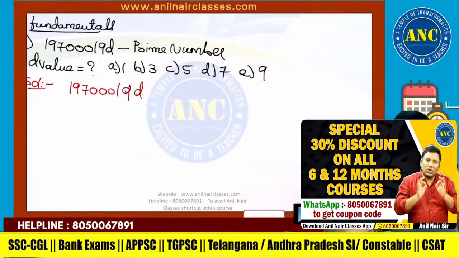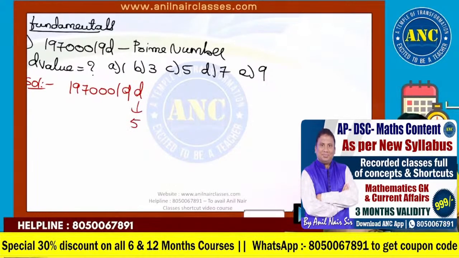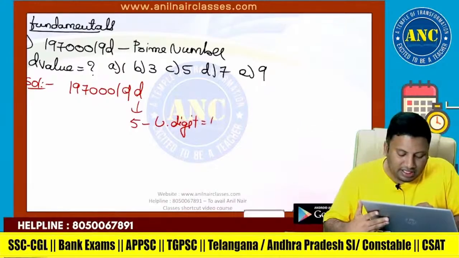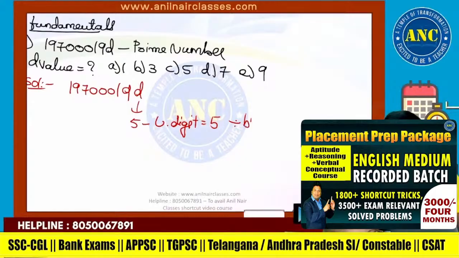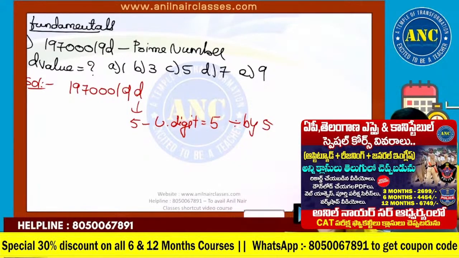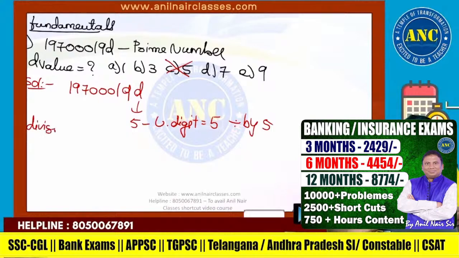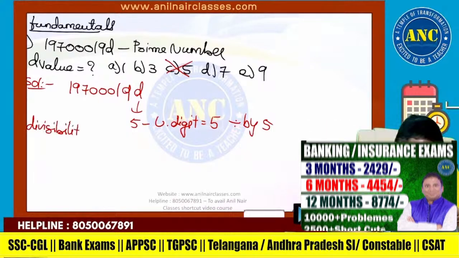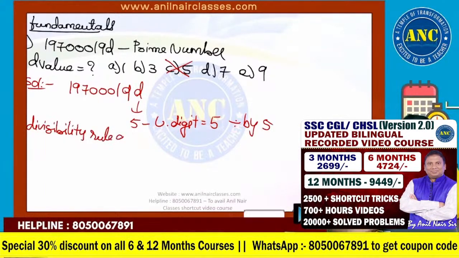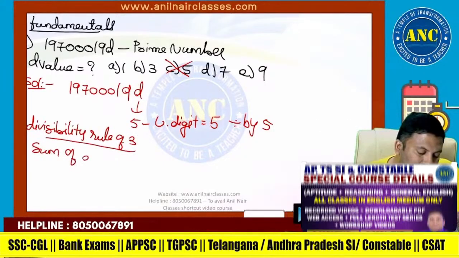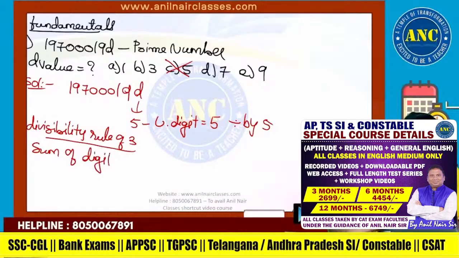If D is 5, if the unit digit is 5, the answer will be divisible by 5. Any number divisible by 5 will become a multiple of 5, so it is a composite number. It is out. Next, the divisibility rule of 3, which is nothing but the sum of the digits should be divisible by 3.